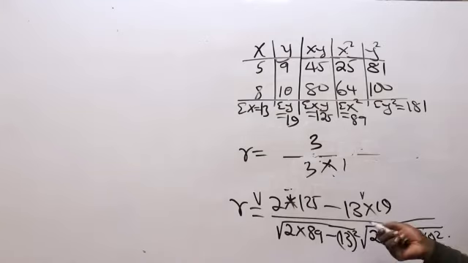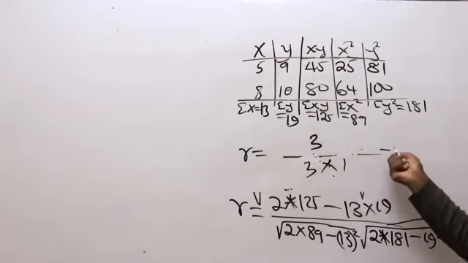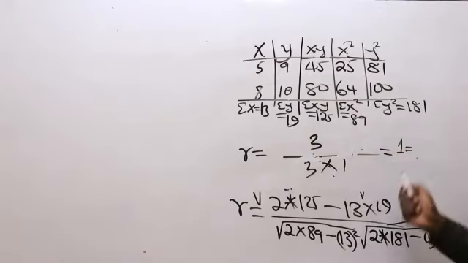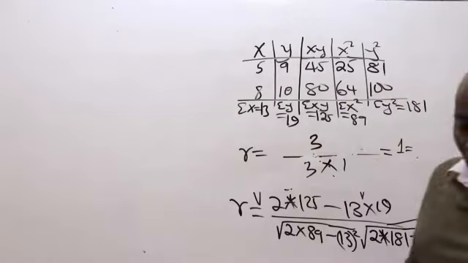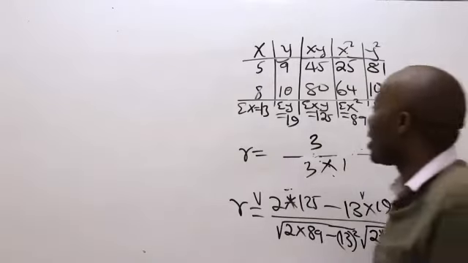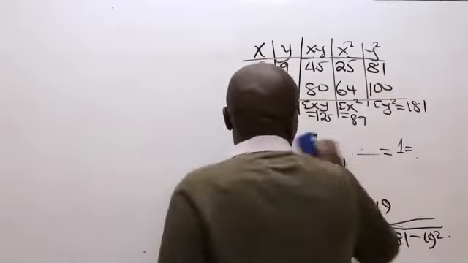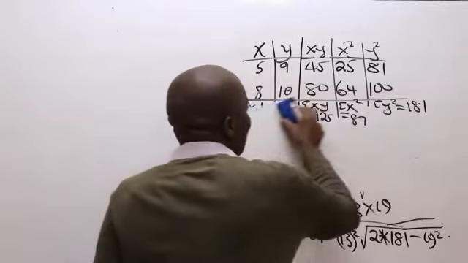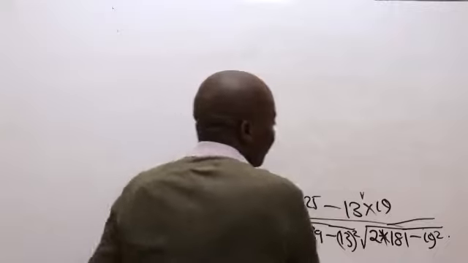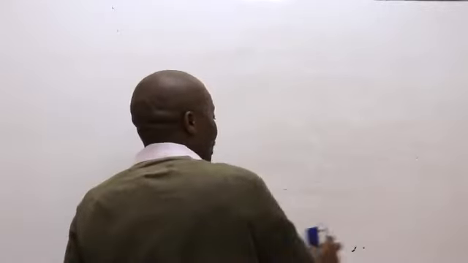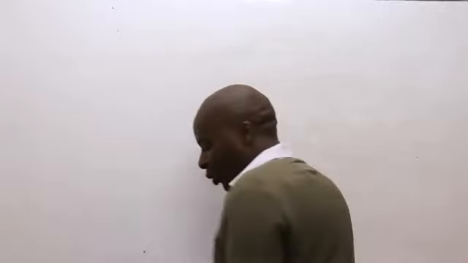So at the end of the day, 3 divided by 3 will give me 1, which is 100%, which means a perfect positive correlation. I'm sure you do not have any issue with this. So our R is 1, which means a perfect positive correlation.